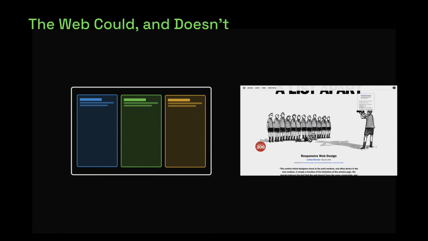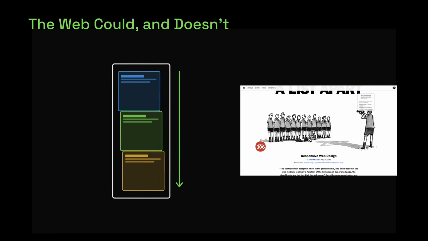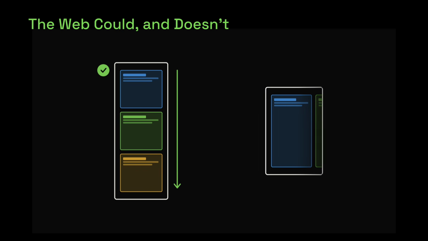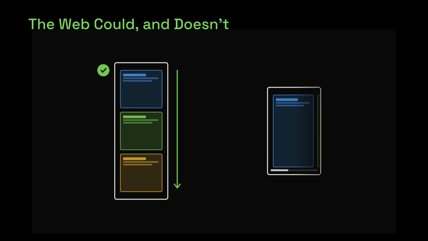Responsive design, Ethan Marcotte's term from May 2010, solved the multi-device problem by collapsing wide layouts into narrow ones. The collapse always happens vertically. Nobody, anywhere, designs for a viewport that scales by adding sideways scrolling as it gets smaller.